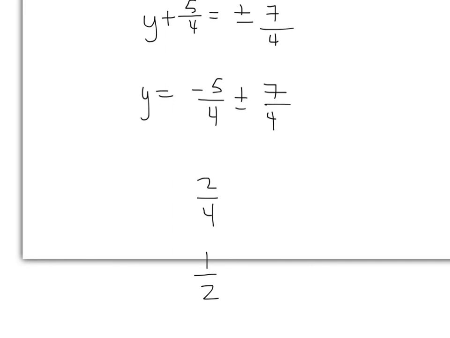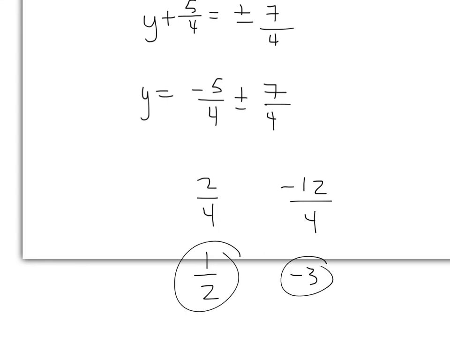That's one of my answers. And then -5 minus 7 is going to give me -12/4, which is -3. So again, I break this into -5/4 plus 7/4 and -5/4 minus 7/4.